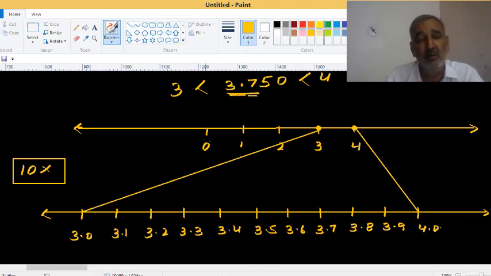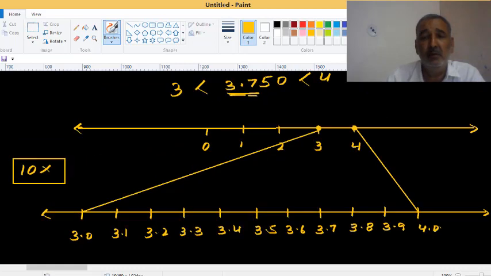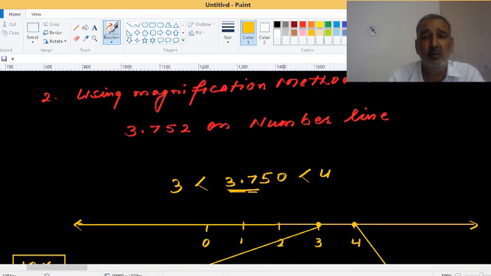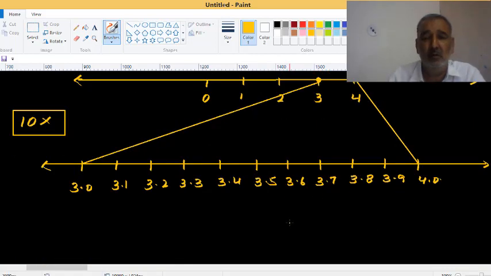and 3.6. Now clearly 3.750, 3.75, I have to represent. This 3.752 lies between 3.7 and 3.8.